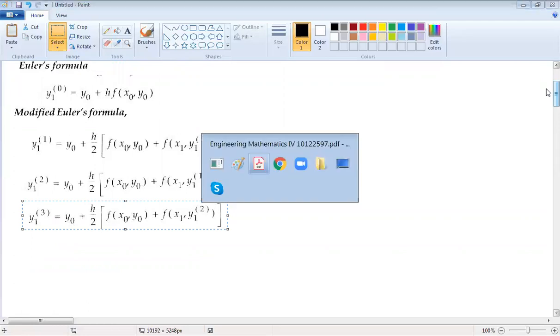Okay, let's see now a problem to solve a differential equation using modified Euler's method.